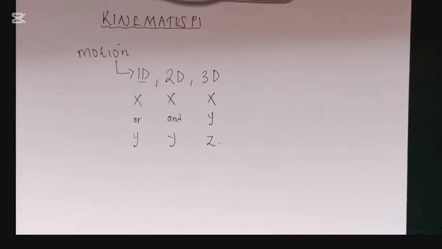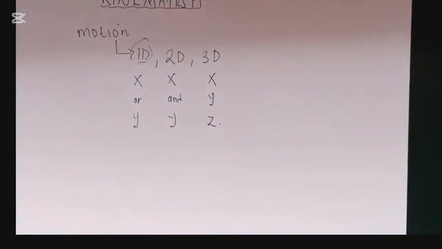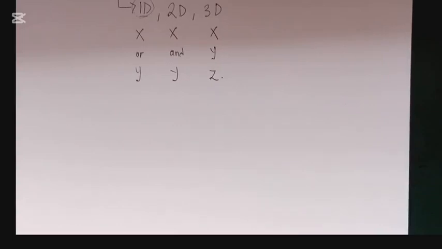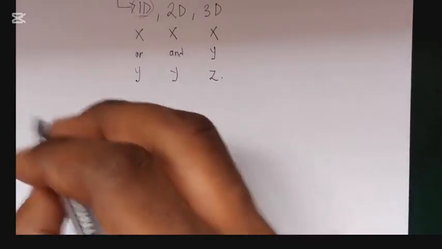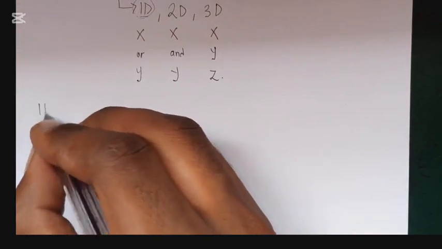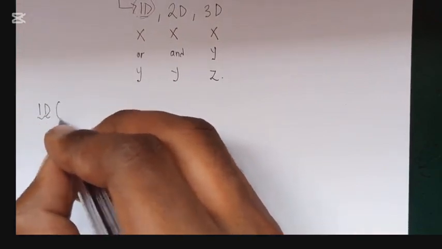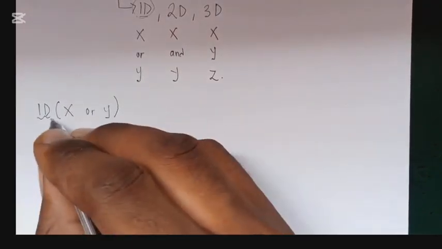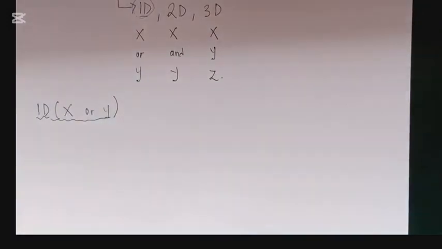So in part 1 we'll focus mainly on 1D, where we consider this particle either moving in the x or in the y axis. So what are you supposed to know about motion in 1D? We'll divide 1D into two parts.